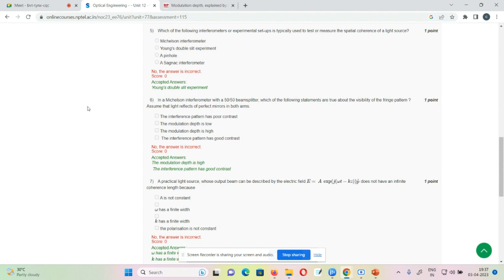Fraunhofer diffraction is when the source to slit distance as well as the slit to screen distance is infinity, and Fresnel is finite. In Fraunhofer we have defined limits, but in Fresnel we cannot. So if we are talking about Fraunhofer, is that the same as the double slit experiment, or something different?